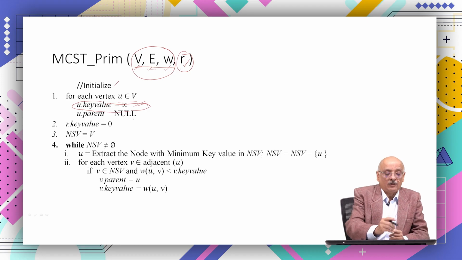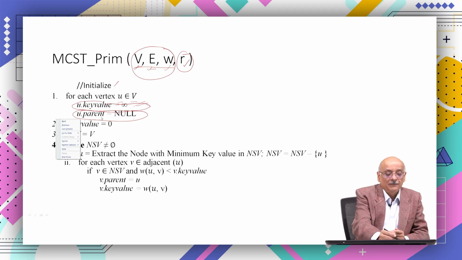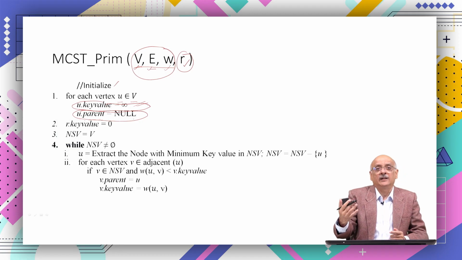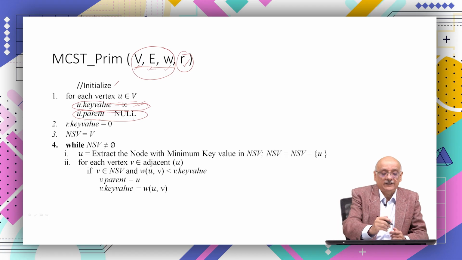That means we are also keeping another array which is keeping track of all the parent nodes of this particular node. It is initialized to null because till now no parent has been specified; the idea that this node belongs to that one, or that the root is this, has not yet started.